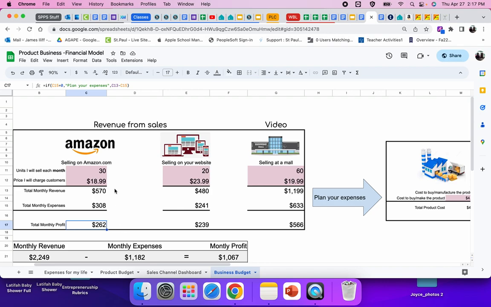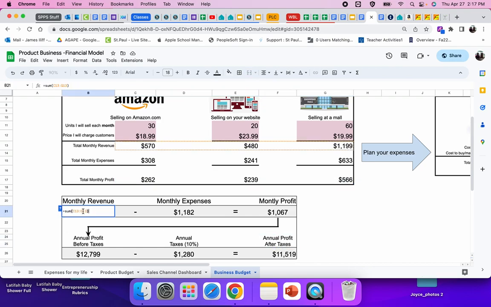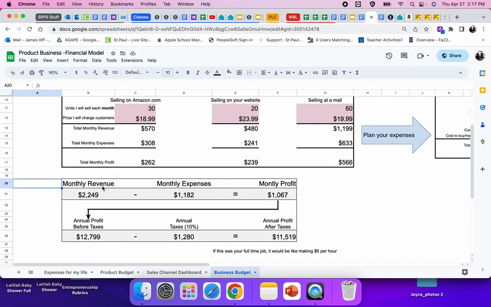That's really exciting. Now, if you're making all these sales across these 3 different channels, so you got Amazon, your website, and selling at the mall, if you're selling all these every single month, you're going to make $1,000. Oh, so here it is right here. So here's a different way to look at it.